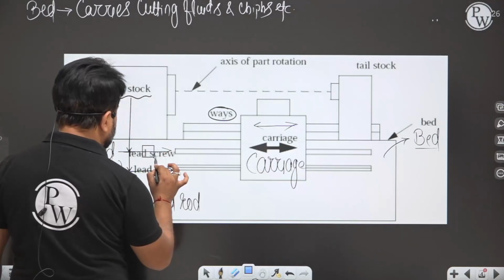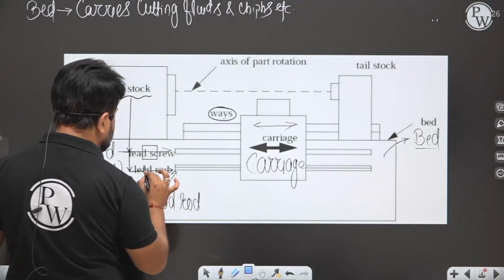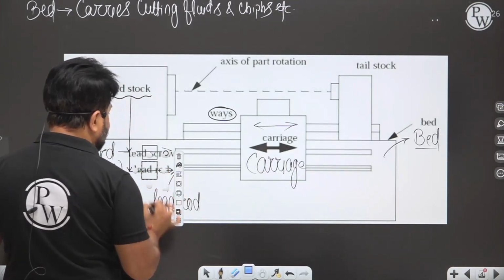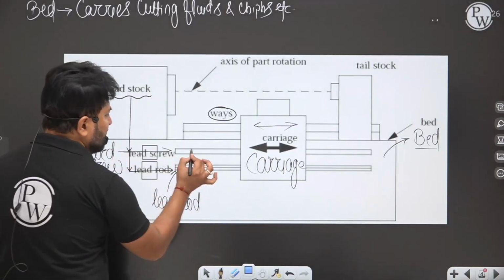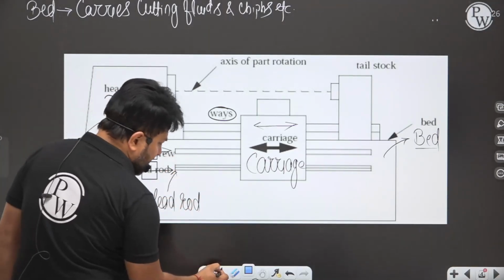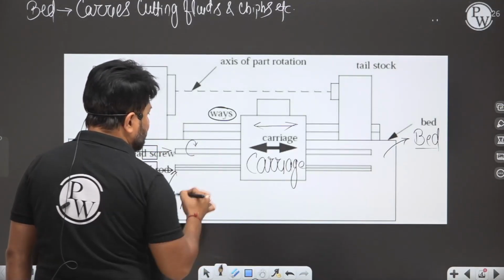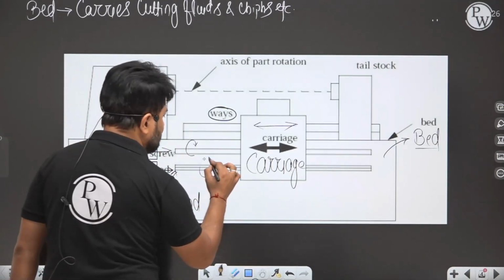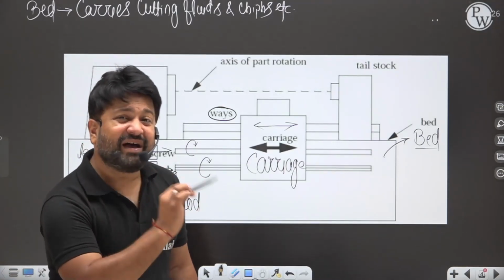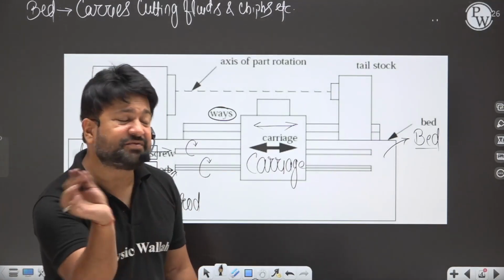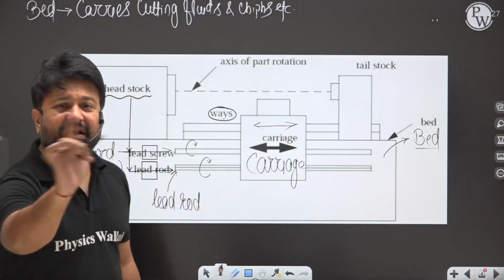There will be a gearbox like this, and the power is supplied to the lead screw and lead rod, and on the basis of rotation of the lead screw or lead rod, the carriage will do a linear motion.